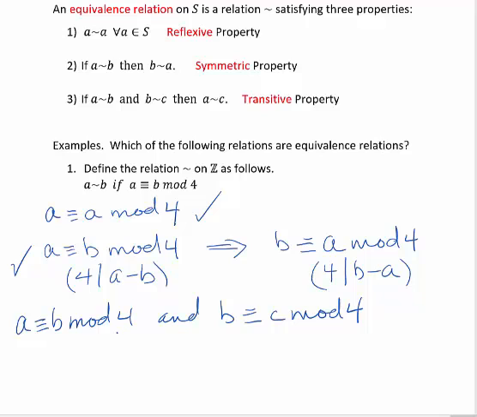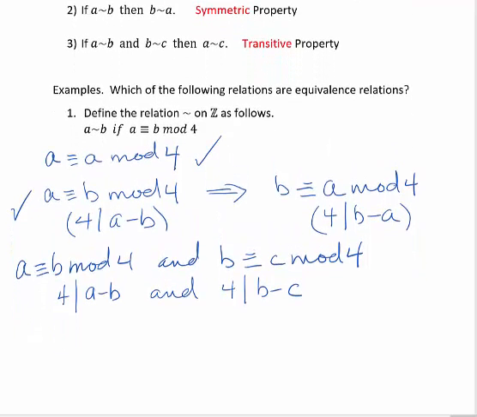A congruent to B mod 4 means 4 divides A minus B, and since B is congruent to C mod 4, 4 divides B minus C. What does it mean to divide? It means that A minus B is equal to 4 times some integer n, and B minus C is equal to 4 times some integer m.